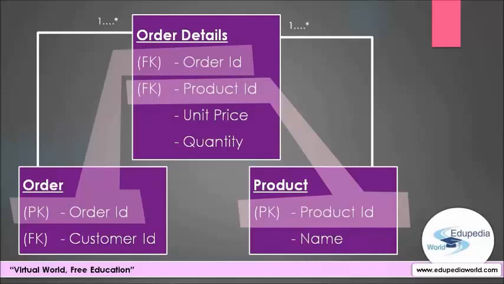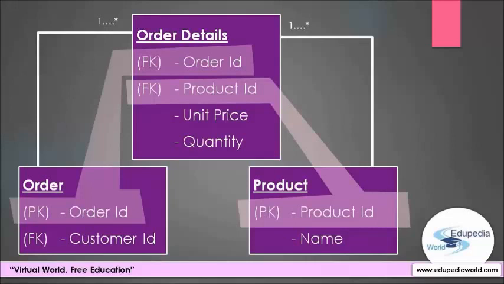In this database, the orders table and the products table are not related to each other directly. Instead, they are related indirectly through the order details table. The many-to-many relationship between orders and products is represented in the database by using two one-to-many relationships. The orders table and the order details table have a one-to-many relationship.